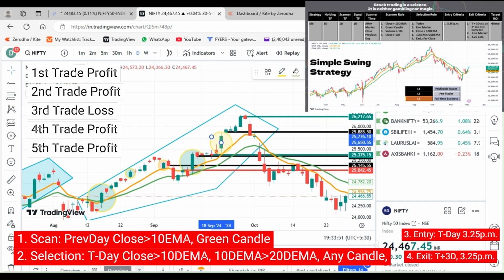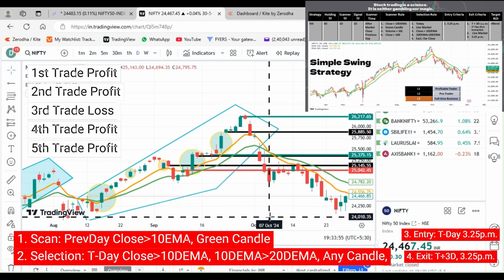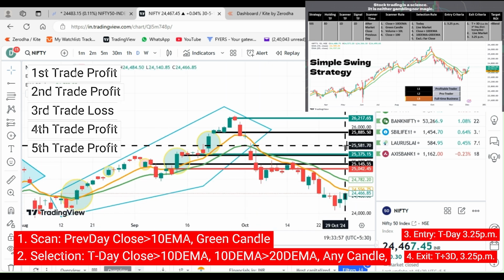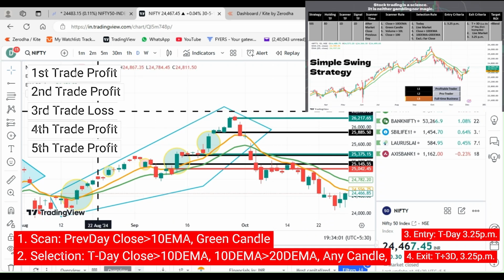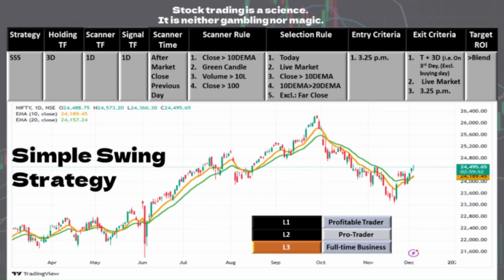So follow the rules and you will be the winner. So this is what a strategy is. Now how to build it, what the scanner rules mean and how to set up those things, we discuss normally in our detailed classes in L1, L2 and L3.